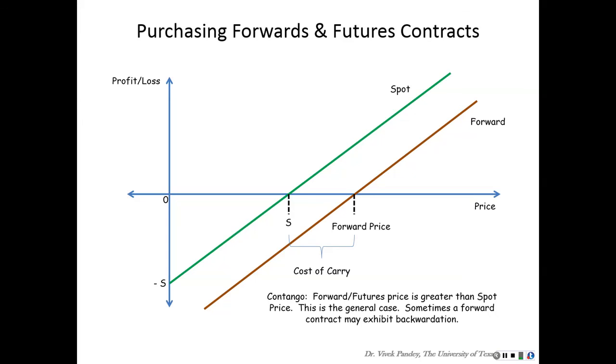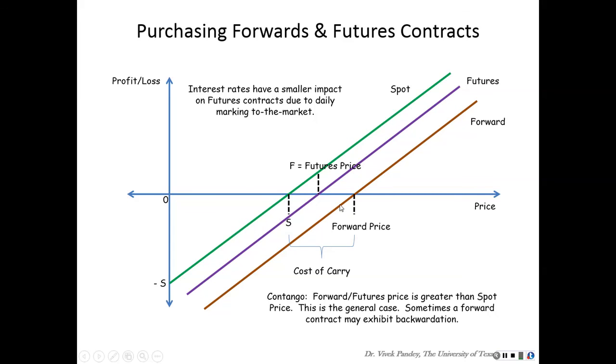So it's called marking to the market, and because of that, interest rates do not matter anymore. So the futures price will typically be less than the forward price, that is, when forward price is higher than the spot, in case of contango. So interest rates will have smaller impact in futures markets.